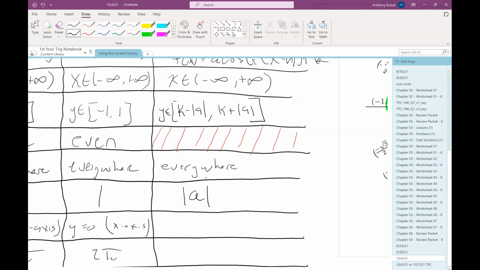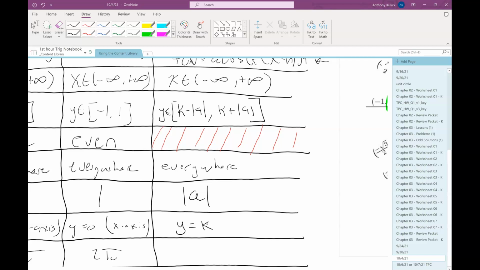Has the midline changed? Definitely has, right? The k is what's going to change it because that controls the shifting up and down. Remember, the k is additive. So we had y equals 0. When I add k to that, I just have y equals k. Everybody's okay with that? That's fairly easy.